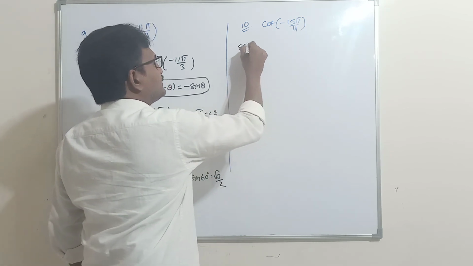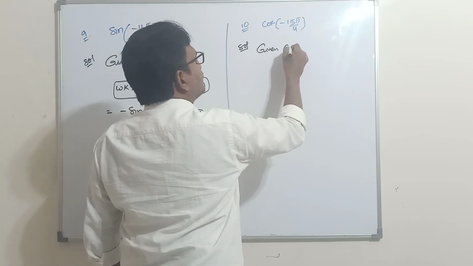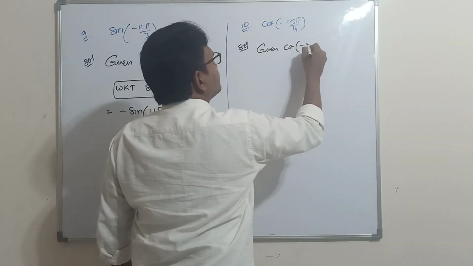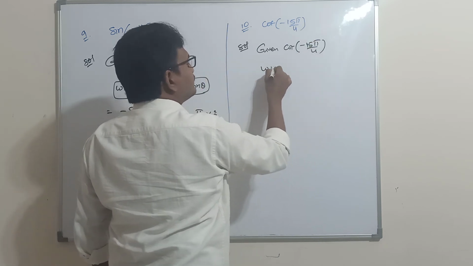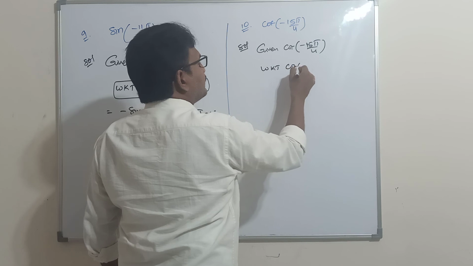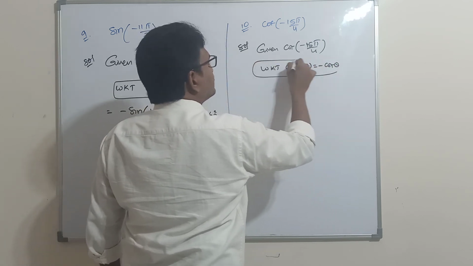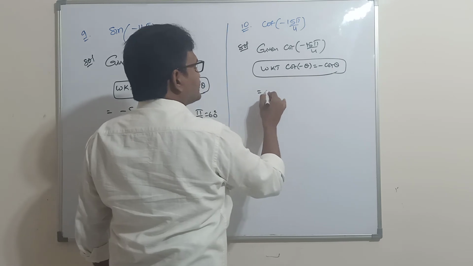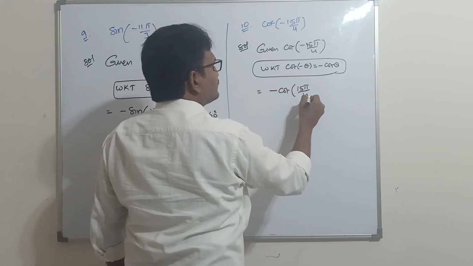Next, if you come to the next problem, given cot of minus 15 pi by 4. We know that cot of minus theta is equal to minus cot theta. So cot of minus theta is minus cot theta, with theta as 15 pi by 4.